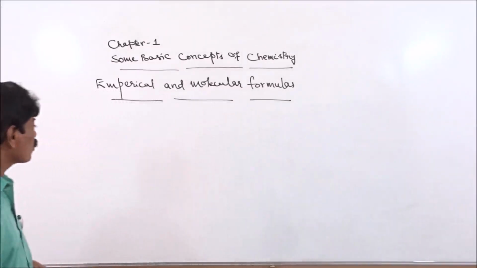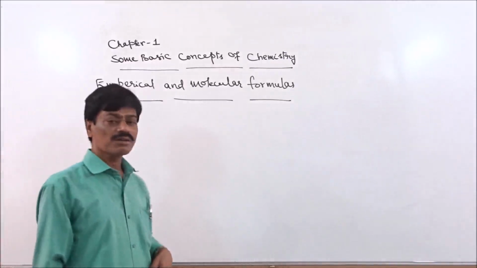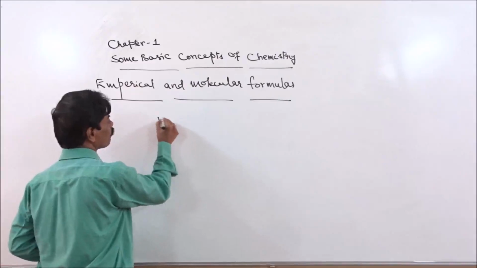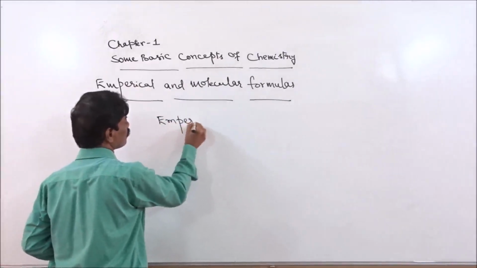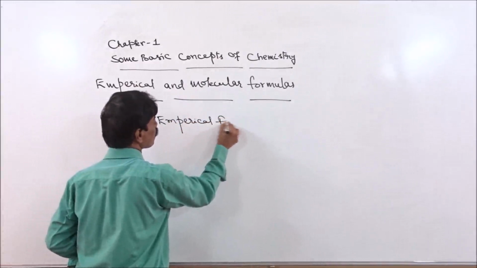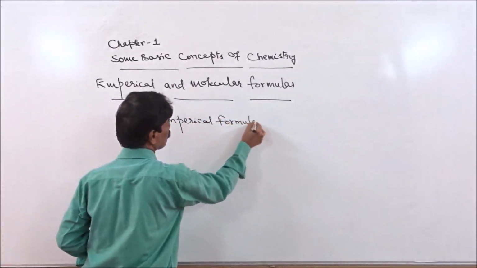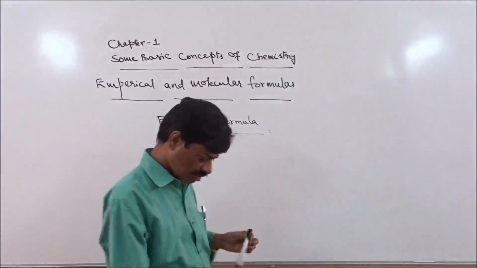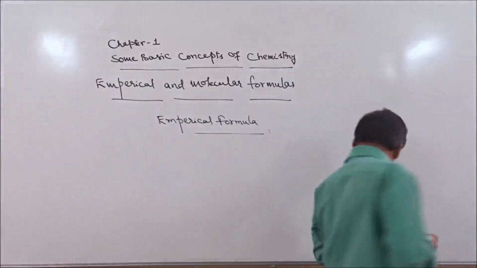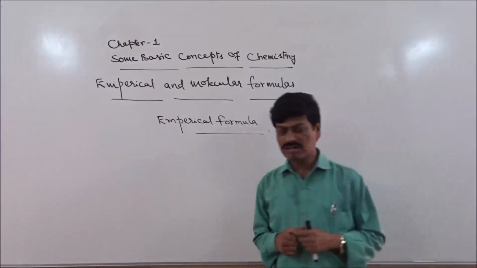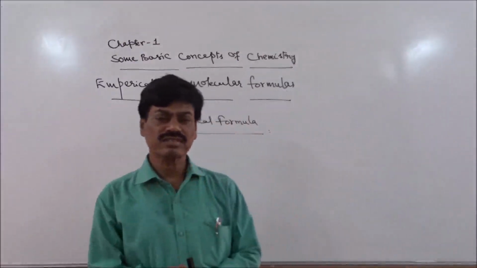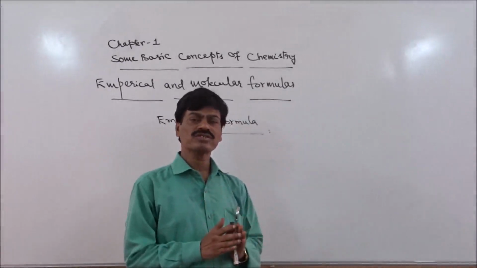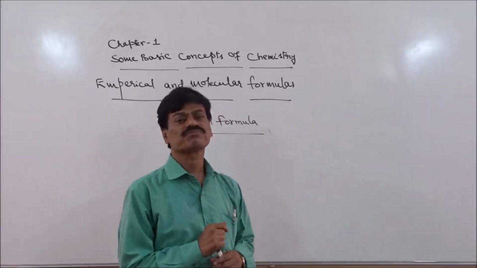Now we will move to the actual topic, that is empirical and molecular formulas. So the first one is empirical formula. What is meant by empirical formula? Empirical formula and molecular formula are correlated with each other in the case of molecules or compounds.